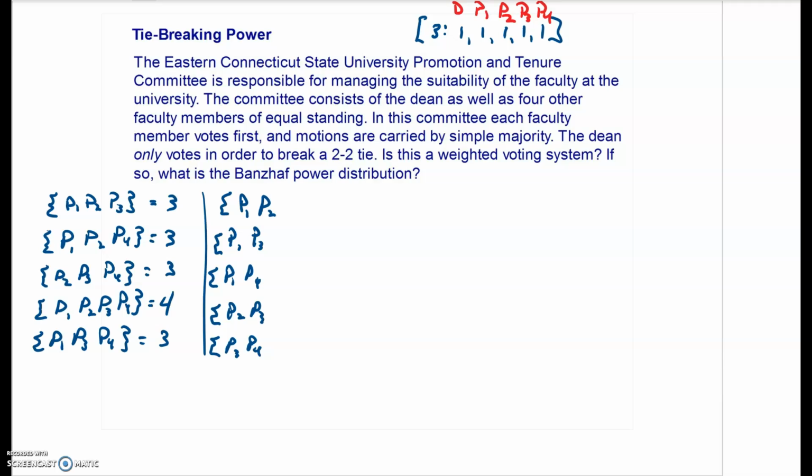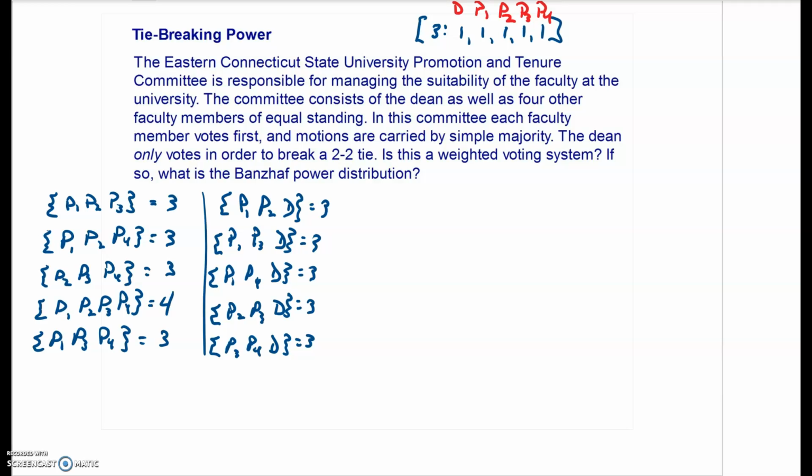In each of these instances, we would have a tie, so the dean would have to get involved in every one of these. So those are our winning coalitions, and each one of these has 3 affirmative votes, so the motion would pass.